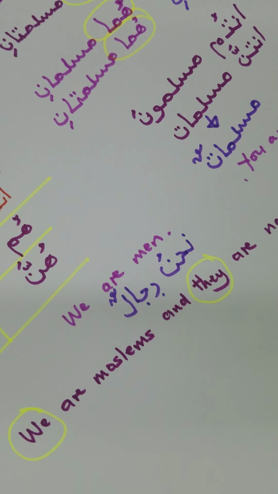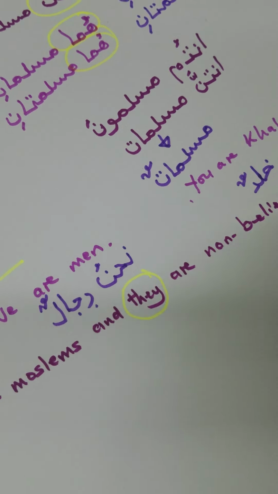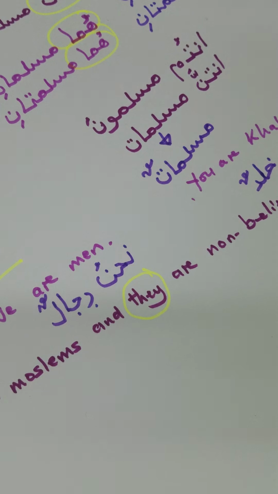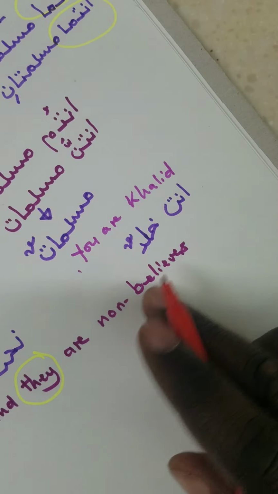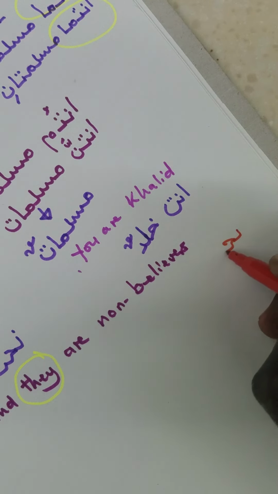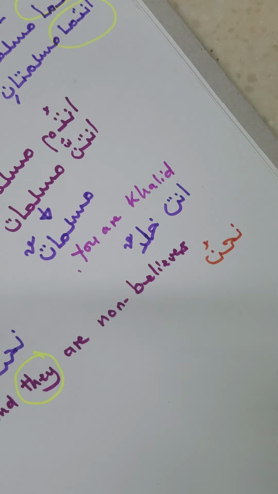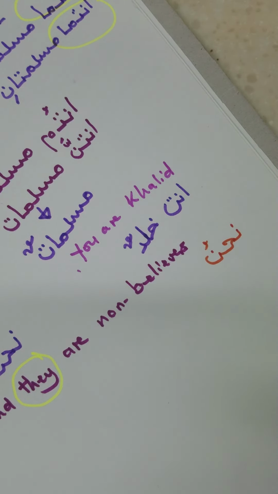Because you're now looking at pronouns, I want to center your attention on we and they. How are we going to write this? We shall say nahnu, because you're coming from the left, don't confuse. Say nahnu.